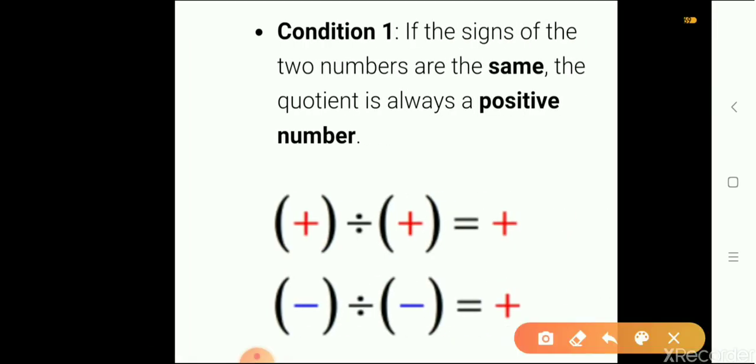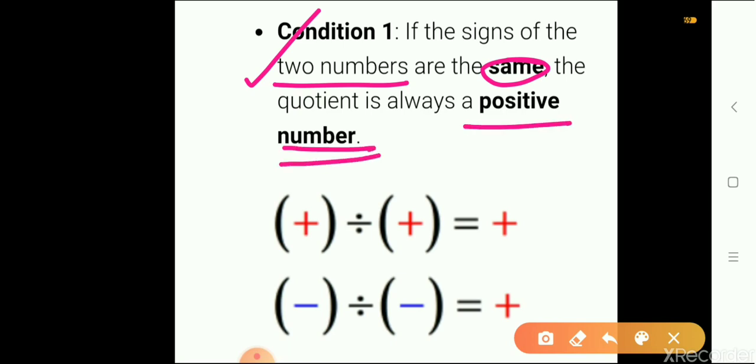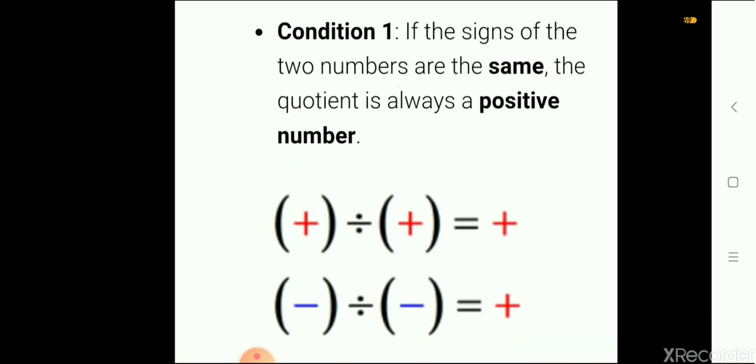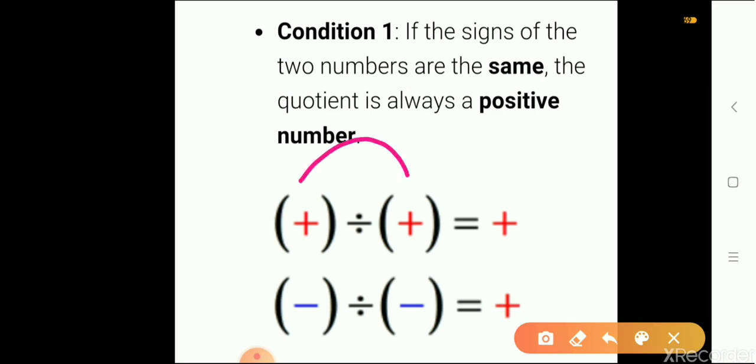The first condition is: if the signs of two numbers are the same, the quotient is always a positive number. So whenever we divide two numbers having the same sign, we always get a positive quotient. When we divide two positive numbers, we get a positive number.